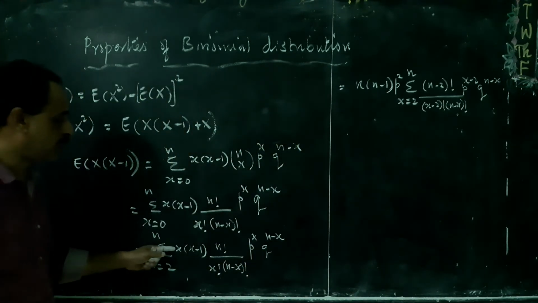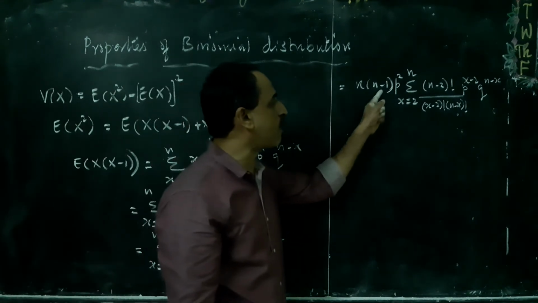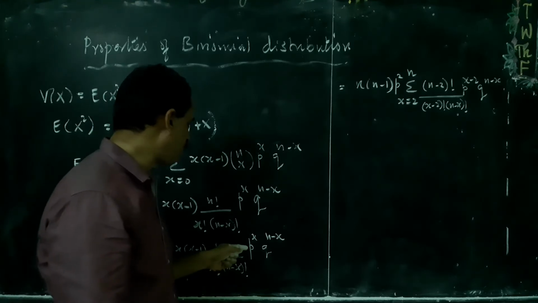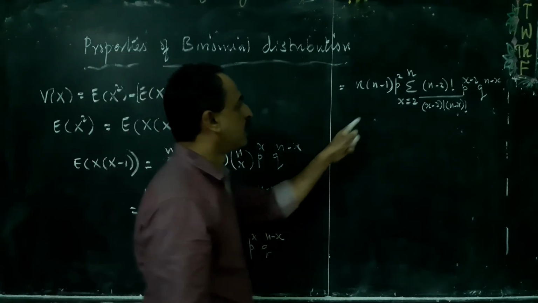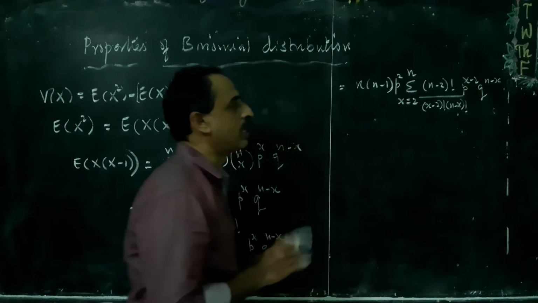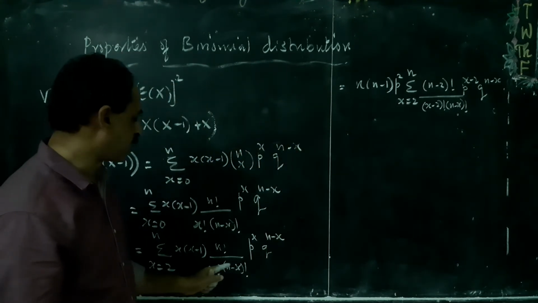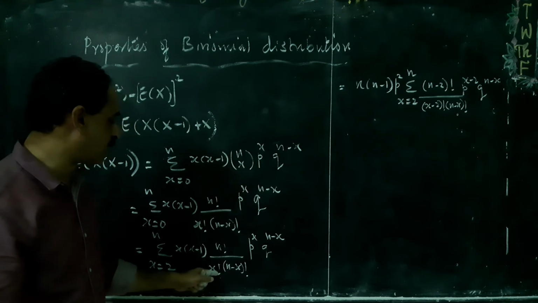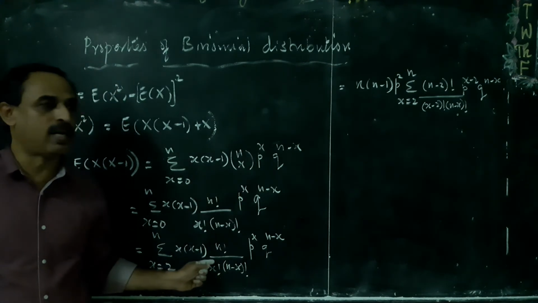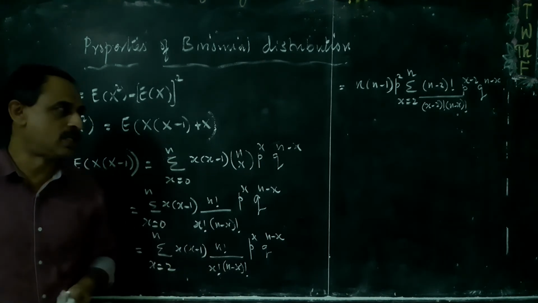You can see that this n factorial is now n into n minus 1 into n minus 2 factorial, and this p raised to x becomes p square and p raised to x minus 2. The q raised to n minus x is unchanged, and the denominator has x minus 2 factorial because of cancelling x and x minus 1, and the last n minus x factorial is without any change.